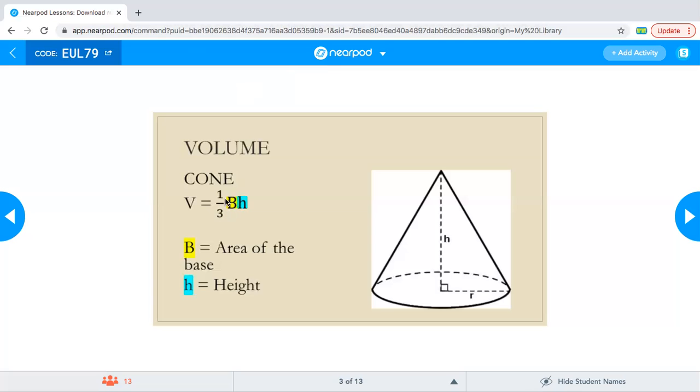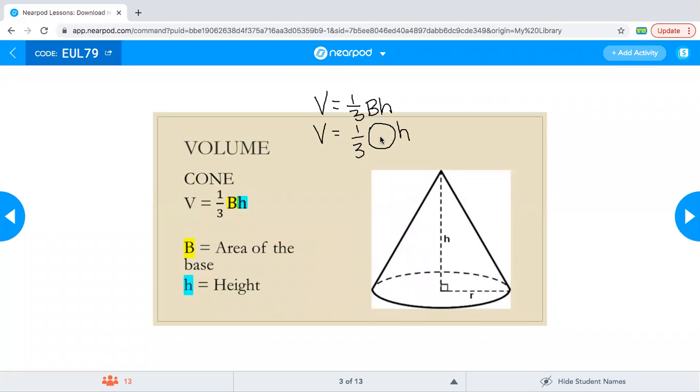So again, capital B is not just the radius. Capital B is the area of the base. What shape is the base on a cone? A circle. So 1/3 capital B times H. That capital B is going to break down into the area of a circle, then times height.